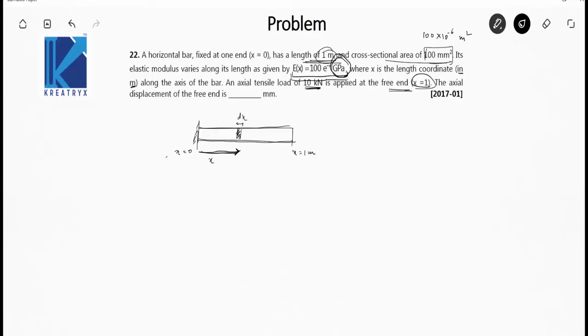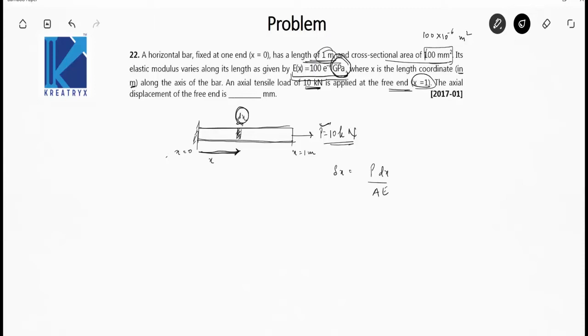Now there is a load also, P is equal to 10 kilonewton, axial tensile load. So the elongation of this dx element due to this force P can be written as del x is equal to P dx by AE.